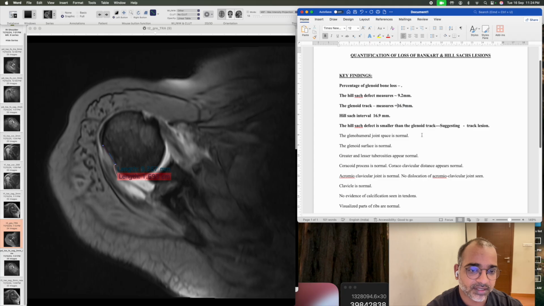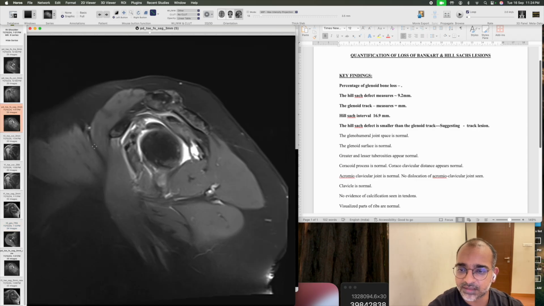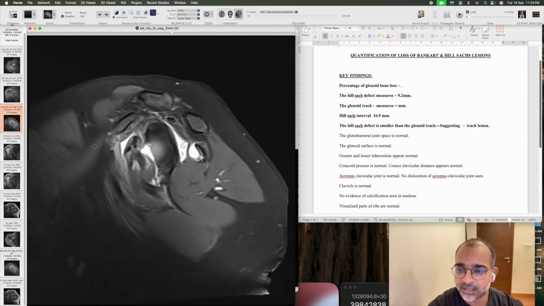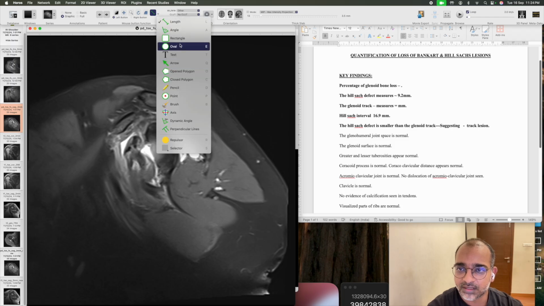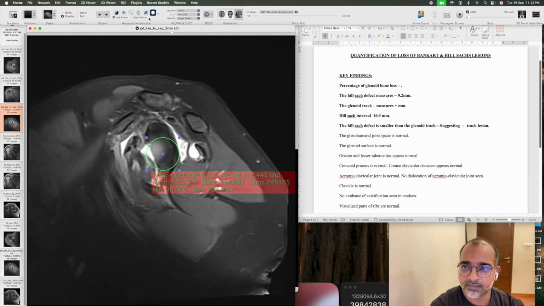So I have to calculate the glenoid track in this case. I'm taking my sagittal image and trying to fit the best possible circle. This is the best fit circle.